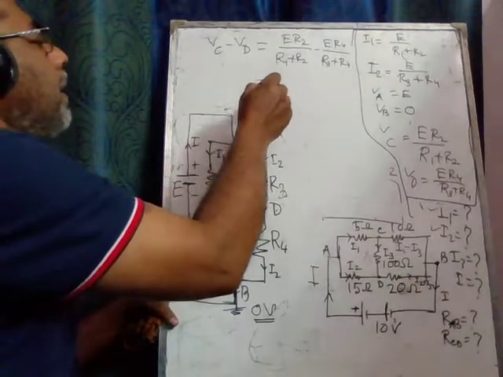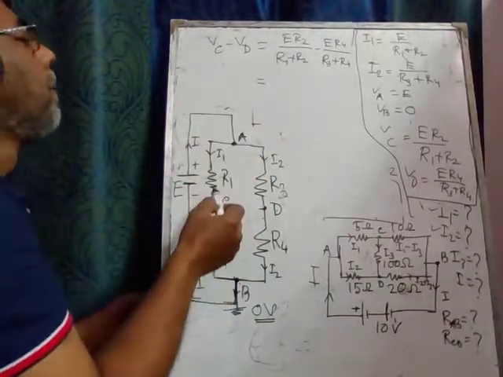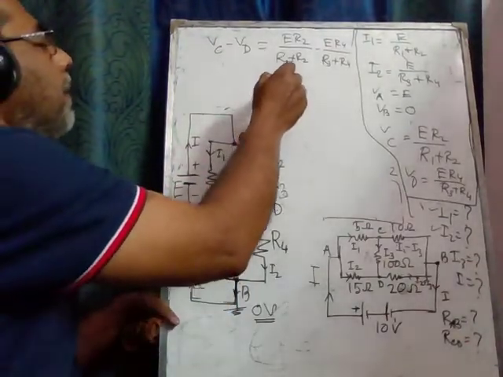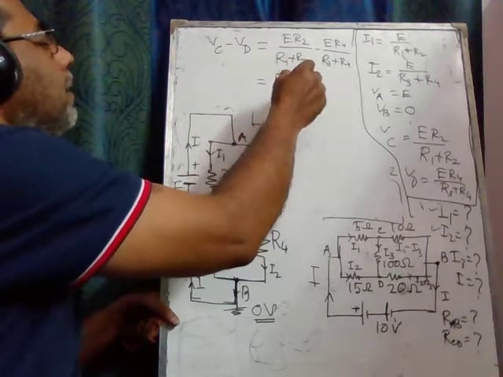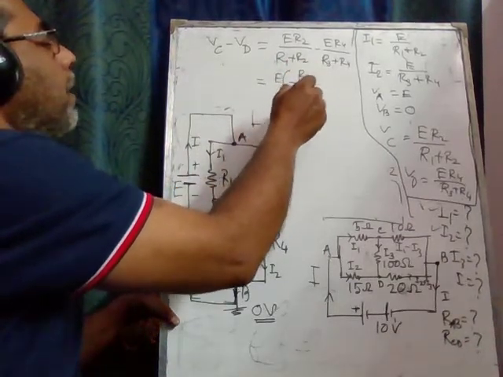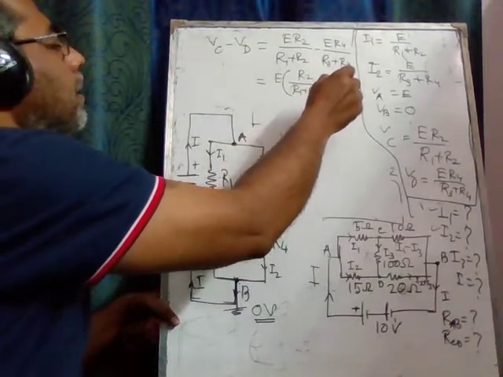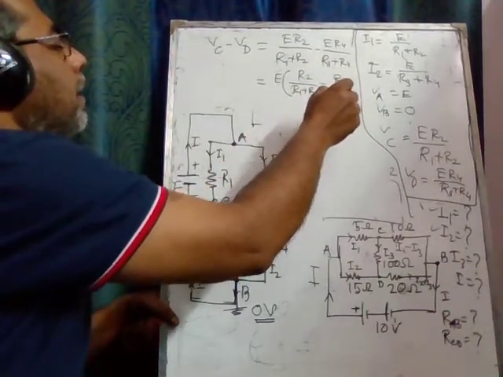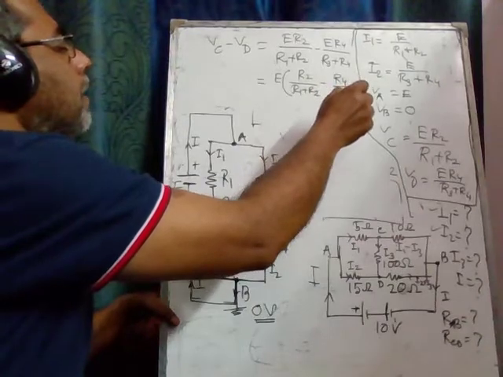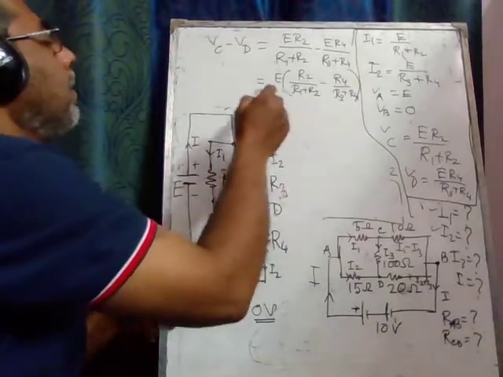So we can take E outside: E times R2 over R1 plus R2 minus R4 over R3 plus R4.